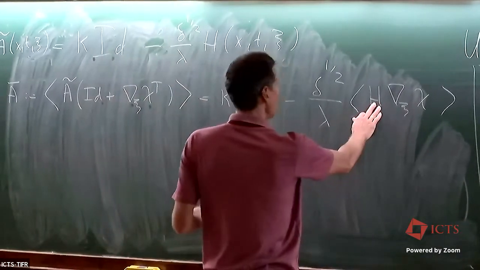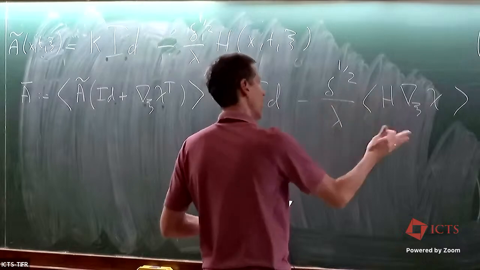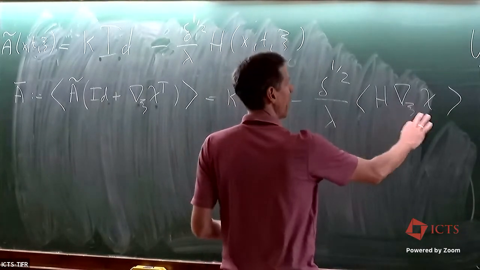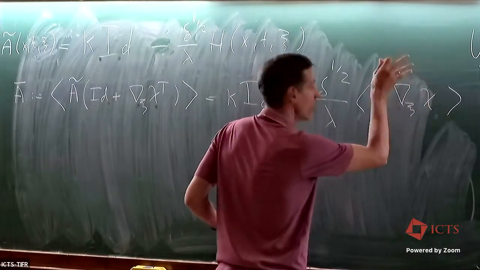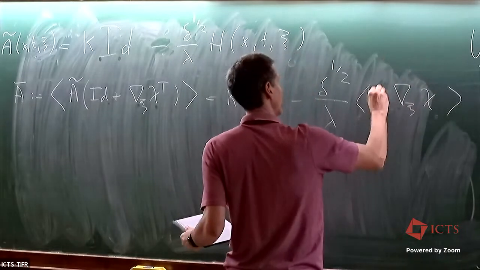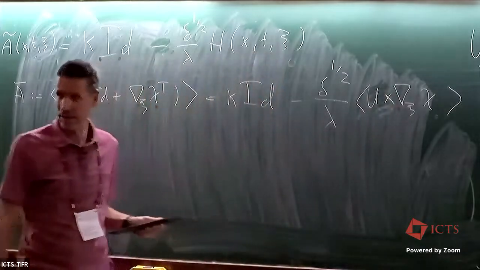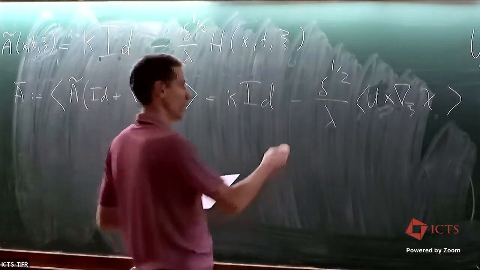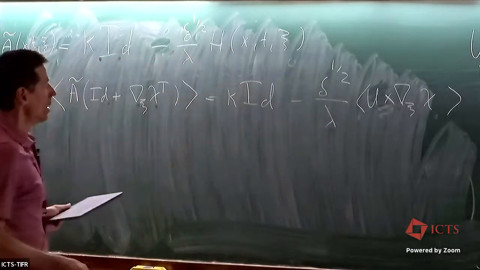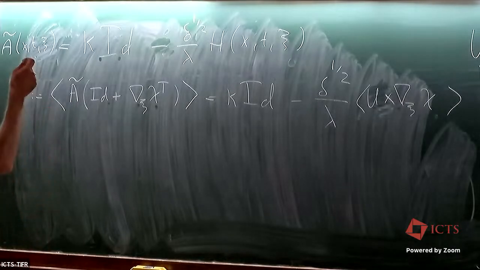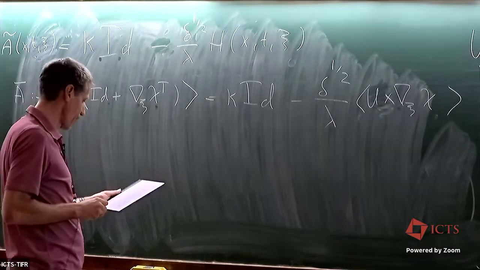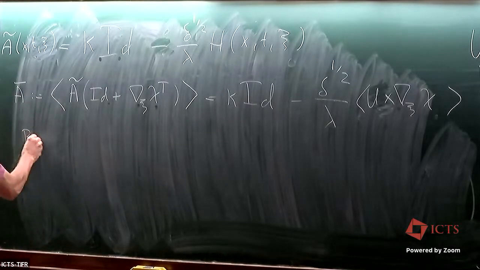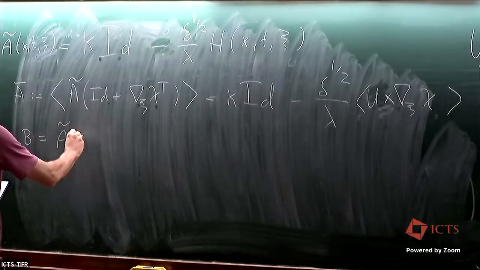The h is like a vector product by u. I have here a matrix, but with some slight abuse of notation, I can think of this as u cross that object, meaning cross with each row. So now let's concentrate on that term. Let's call that B. B is this thing minus its average.